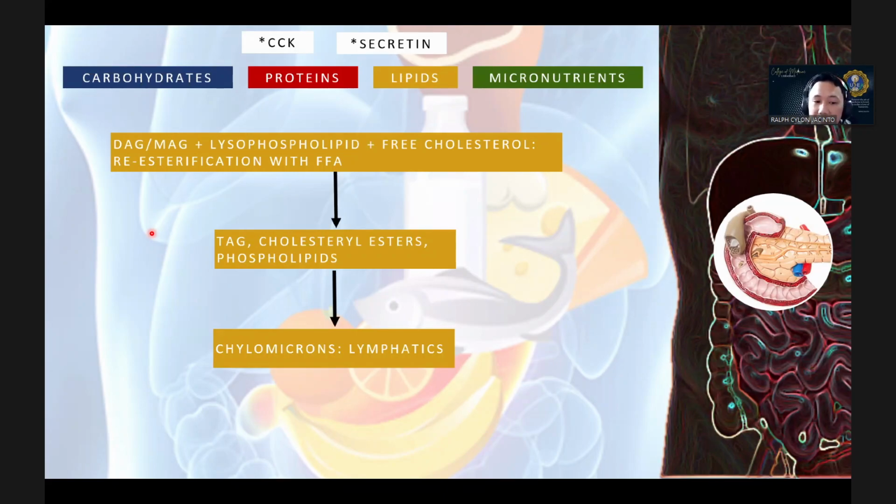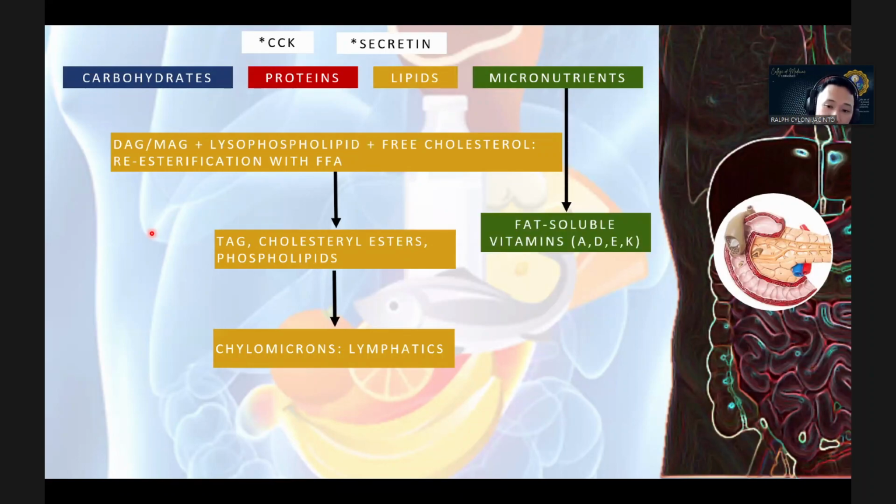So yung short chain fatty acids together with your monosaccharides and amino acids are absorbed through the portal circulation, through the blood. So yung sa lipids, they are absorbed through the lymphatics. Now, aside from these things, you also have the fat-soluble vitamins coming from the diet. So your ADEK. They are also packed together inside the chylomicrons. Yan. Okay?